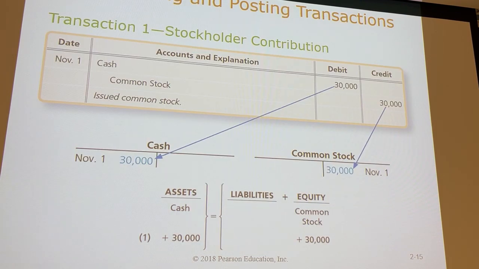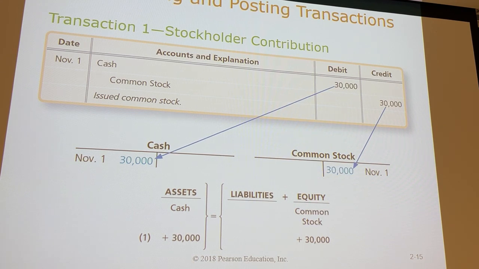Okay, then next, you don't always do this after every journal entry. Sometimes you wait till the end of the day or the end of the week or the month, but in this case, the next step right away is that we're going to post this to the ledger. So we find the T account in the ledger for cash, and we show a $30,000 debit entry to the cash T account.